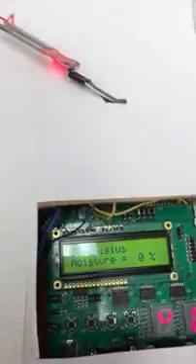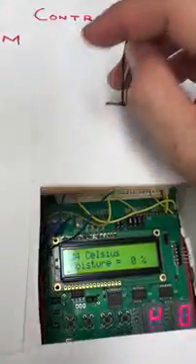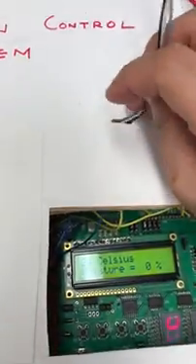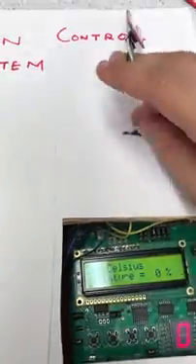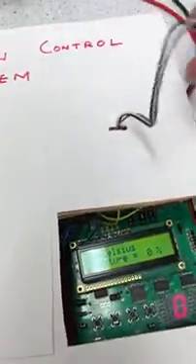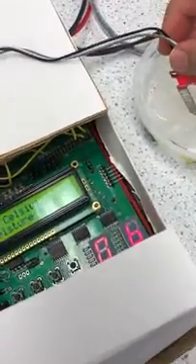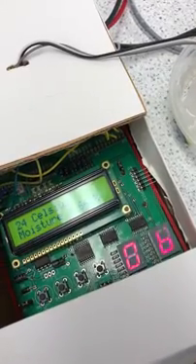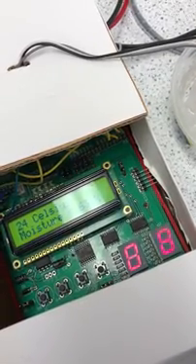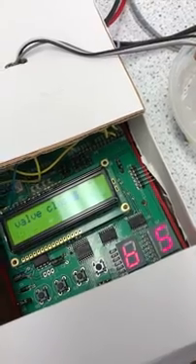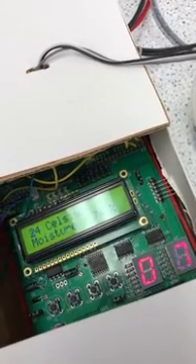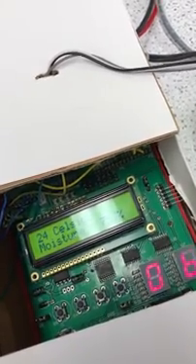Right now it's 0%, it means the valve is on right now. So if we put the moisture sensor in the water, just to increase the moisture, as you can see, the moisture is increasing. Now the valve is closed because it's above 74%.